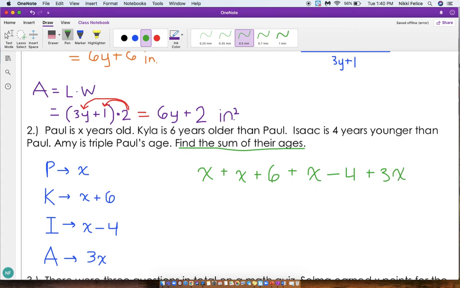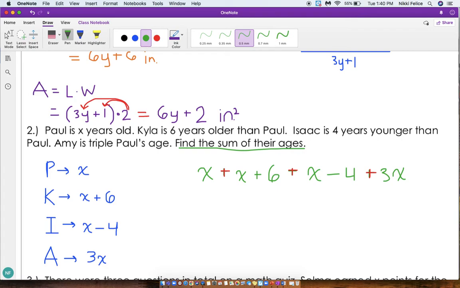So you see we have each one of their ages here. I'm just adding them together. I separated them all with a plus sign because I wanted to find the sum of their ages. So I am adding these 4 ages together. X plus 6 plus X minus 4 plus 3X.